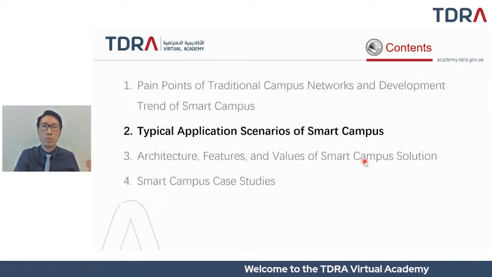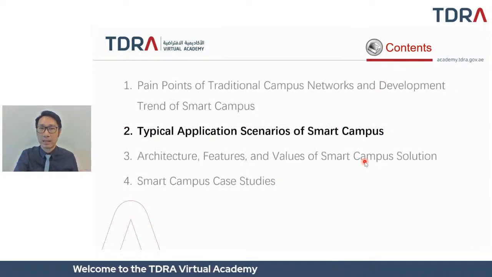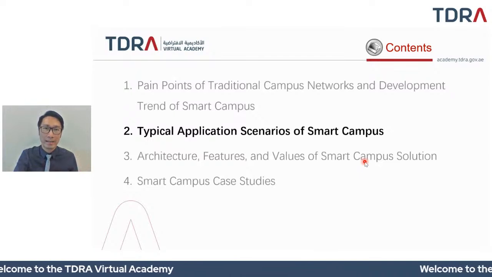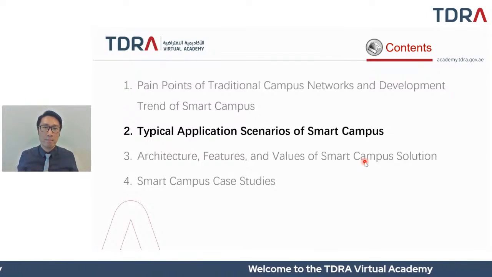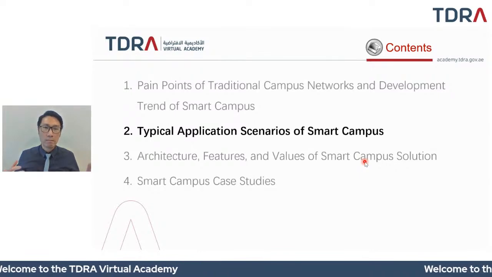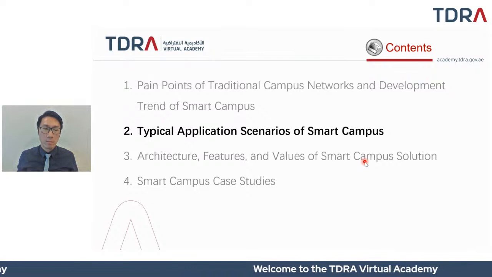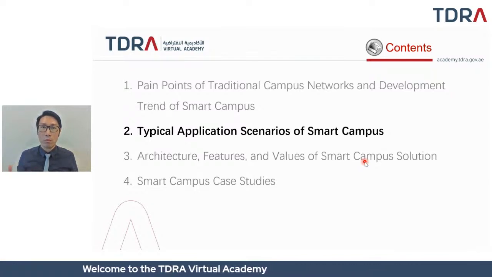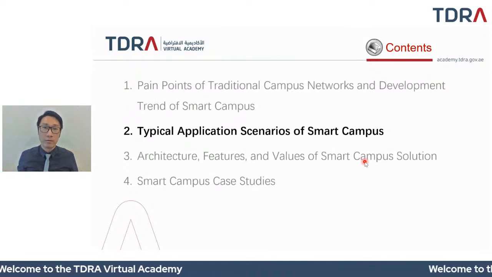Here I will go through some application scenarios of the smart campus that we have currently identified. After we cover this part, maybe you can come up with some ideas to improve the campus yourself. I believe you may have stayed on a campus before, and you also faced some problems.